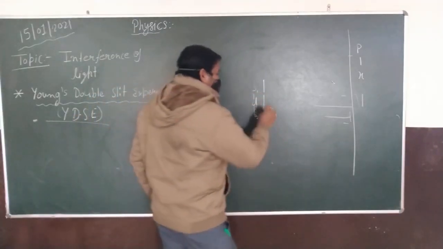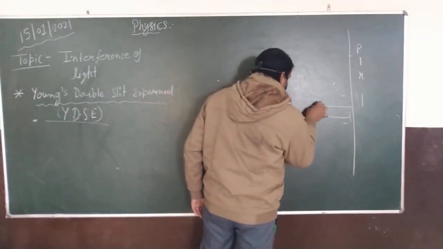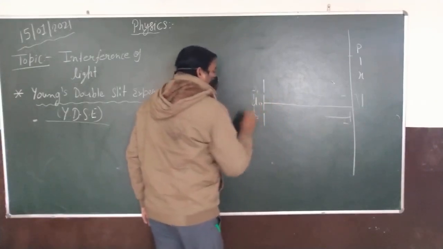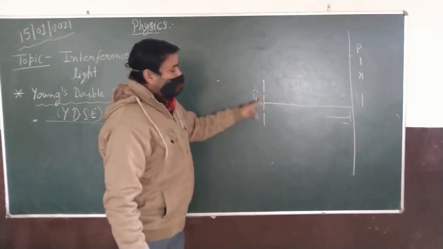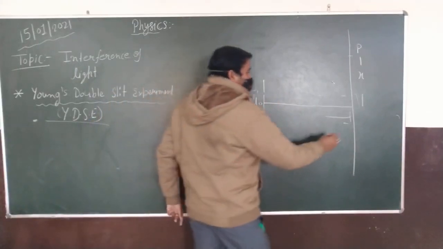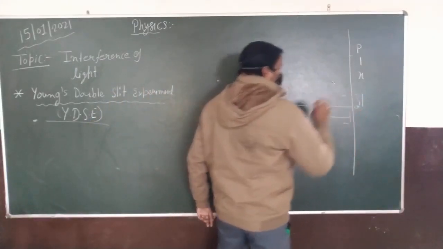O is the central point of the two sources, and this point is O dash.